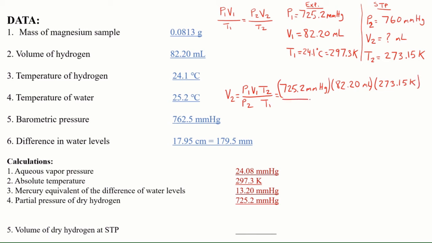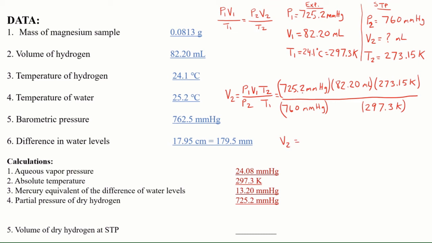We're going to divide this by P2. P2 is standard pressure, 760 millimeters of mercury, times T1, which is the temperature of hydrogen gas, 297.3 Kelvin.